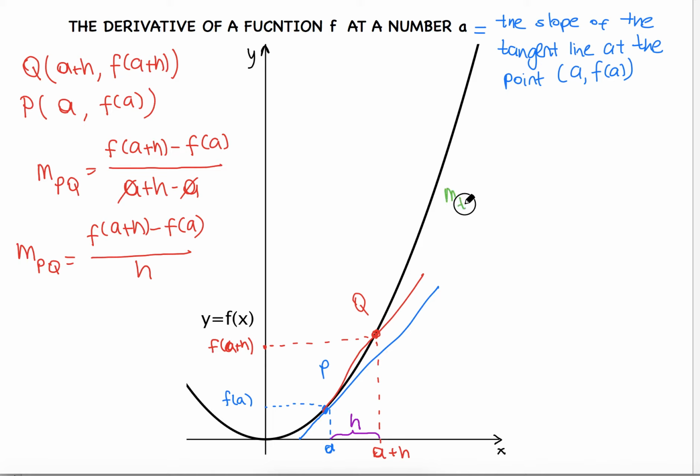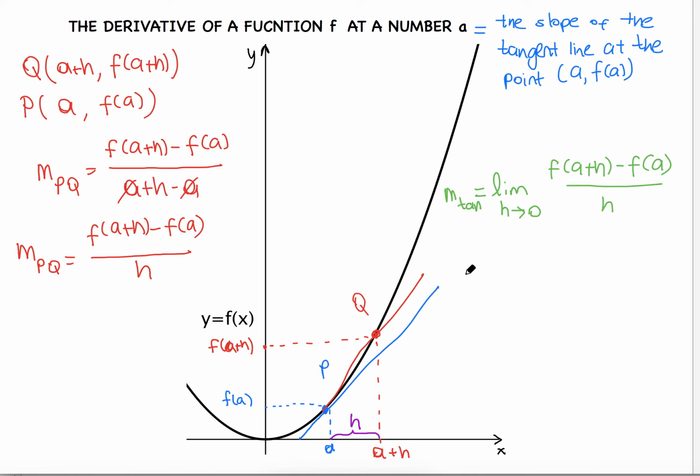So m tangent equals limit. Once again, we want h to be very small so that the distance between P and Q is very small. So h going to 0, of f of a plus h minus f of a divided by h.